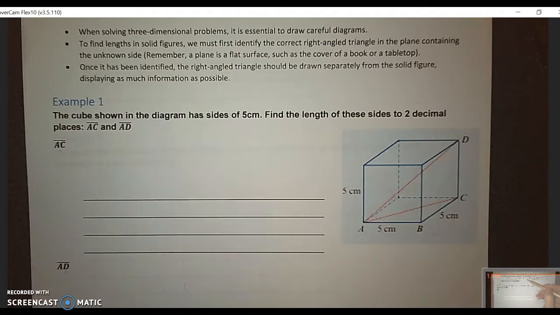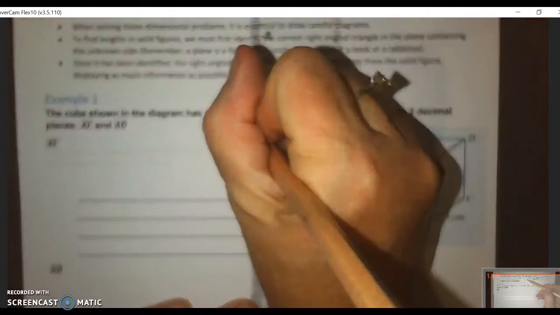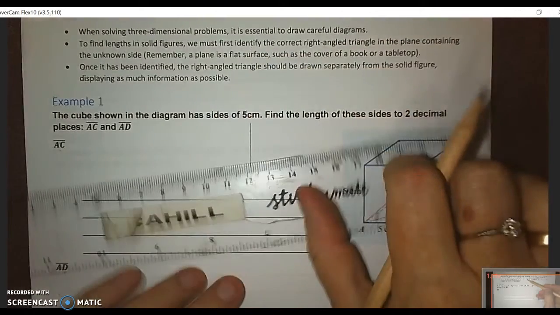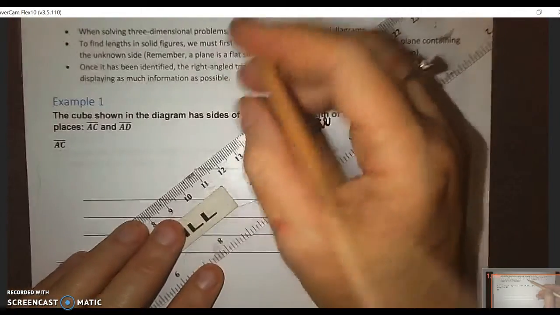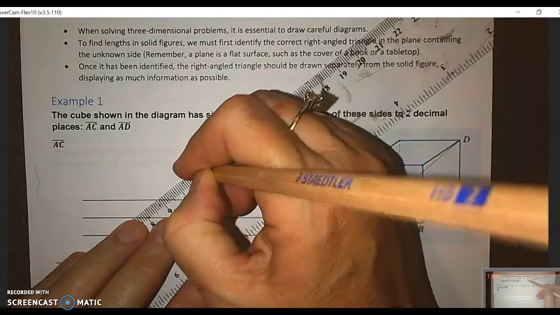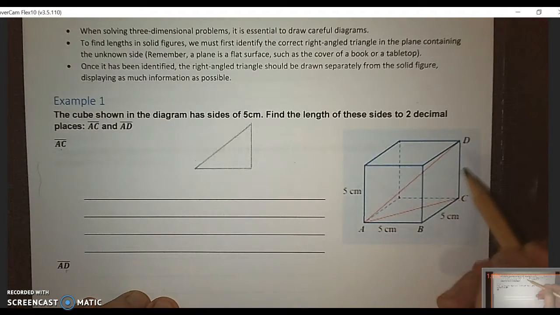So our first step is to draw the diagram carefully and label as much information as possible. So I'm going to draw my triangle.